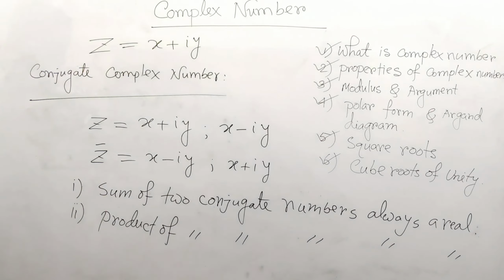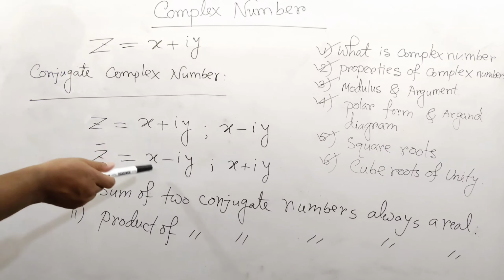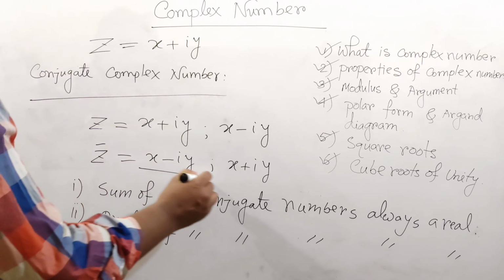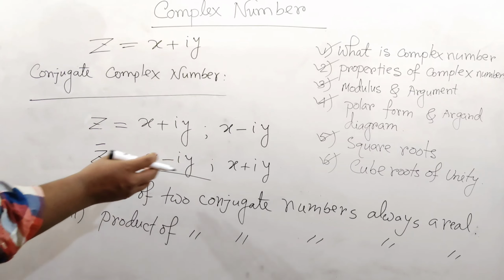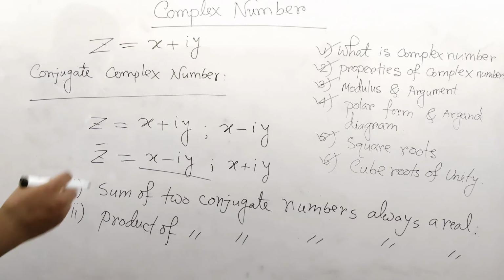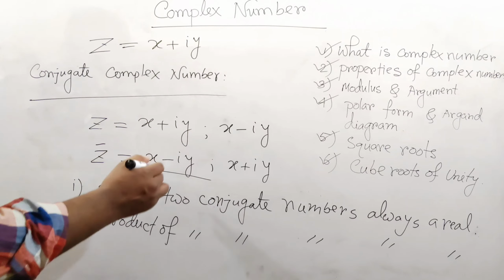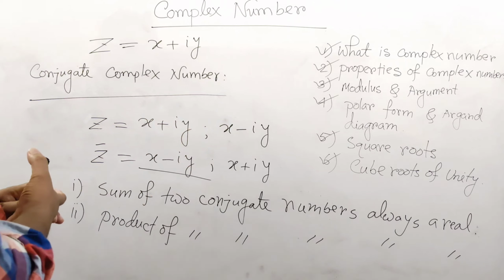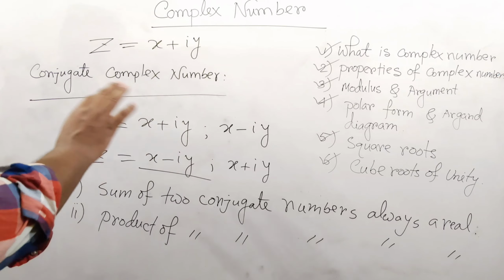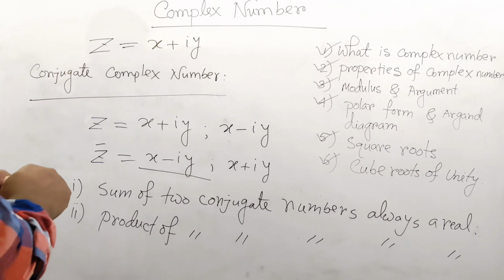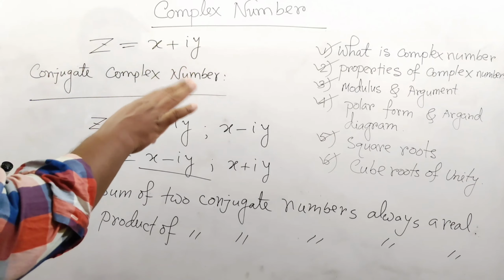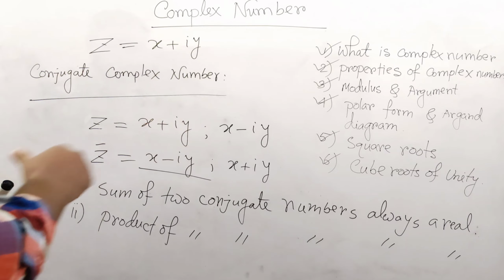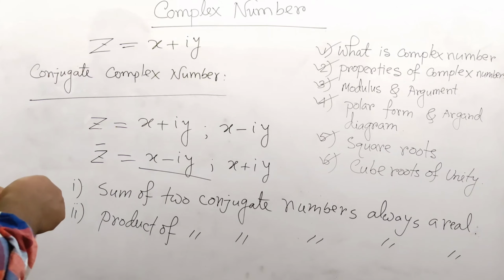So how? If you look at these two conjugate numbers, if you add them, you can easily eliminate iy and negative iy. Then what will we get? 2x. We know that 2x is a real number, because if there is no i, it is a real number. But if you see an i or square root of a negative value, then it is a complex number.